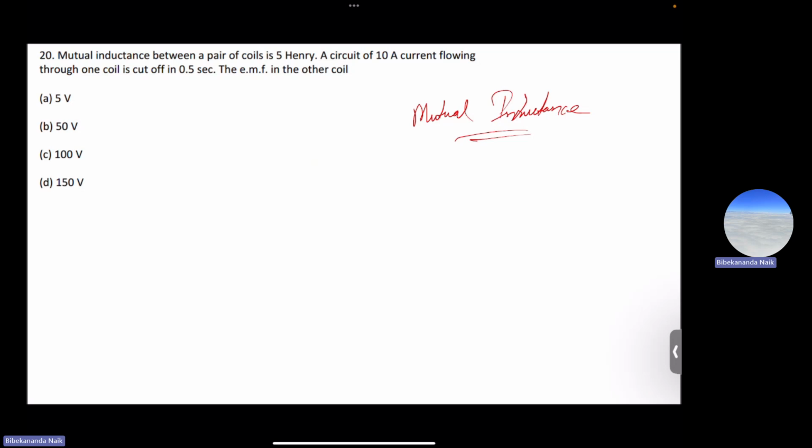So we know, due to the property of mutual inductance, the change in flux linked with one coil produces the EMF in another coil.